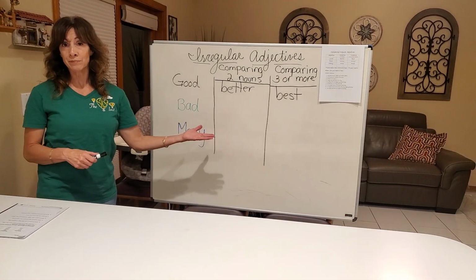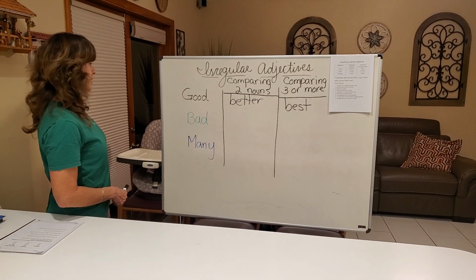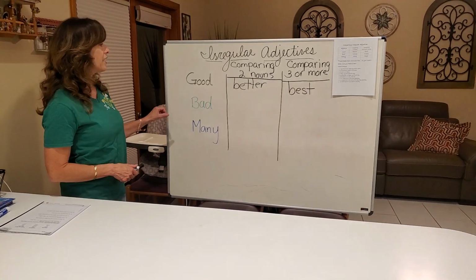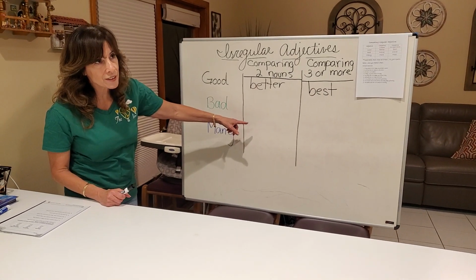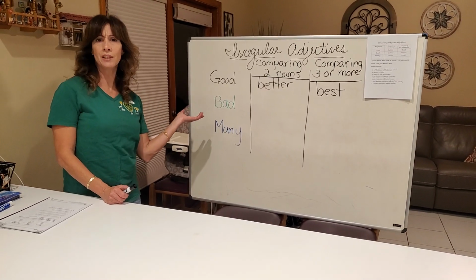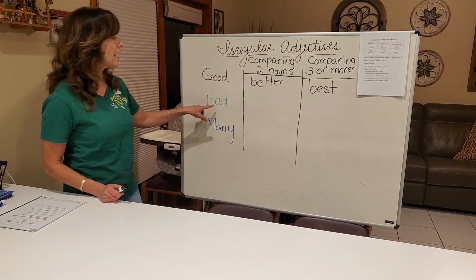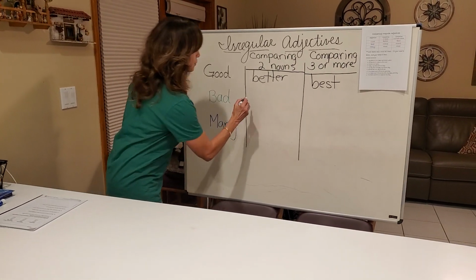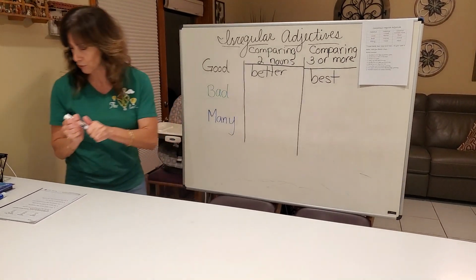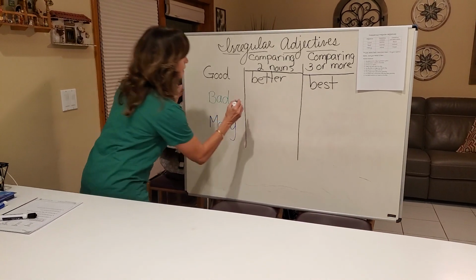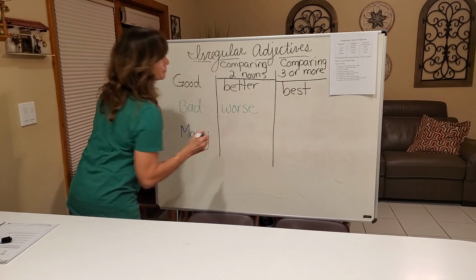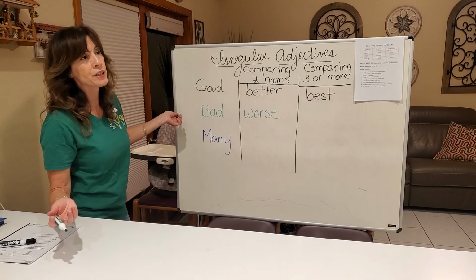Now what about bad? If we want to say, I had a bad day. I had a badder day today than yesterday. No, that doesn't make sense. I had a worse day today than yesterday. So we would use, let's use green since that's what we're using here, I had a worse day today than yesterday.